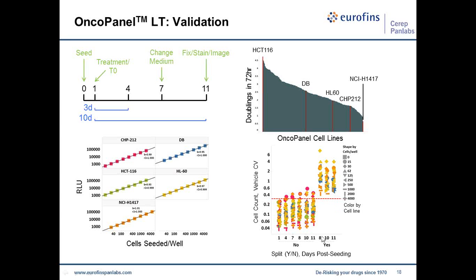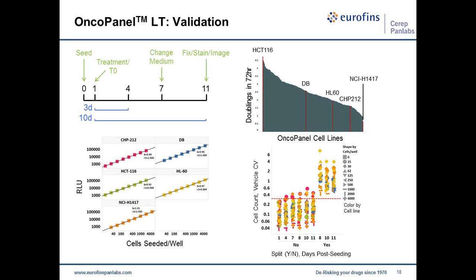Each cell line is plotted as a different color, and each symbol represents a different seeding density. So we looked at vehicle CVs over the course of multiple days during the 10-day incubation. And what you can see is if we don't split the cells, the vehicle CVs are essentially within acceptable limits, although for a couple of cell lines at the very low densities, the CVs start to creep up just above what's typically considered our acceptance criterion.